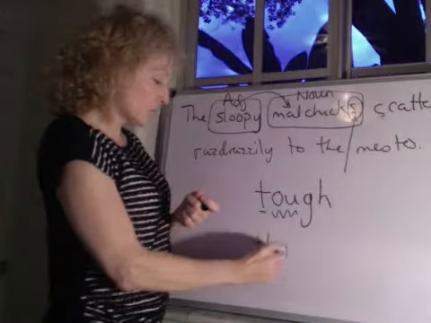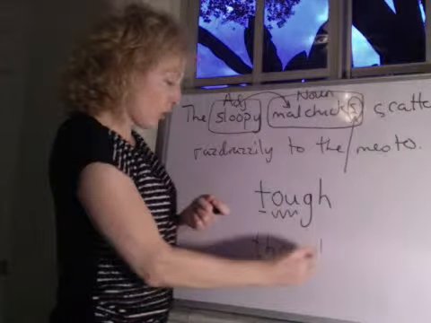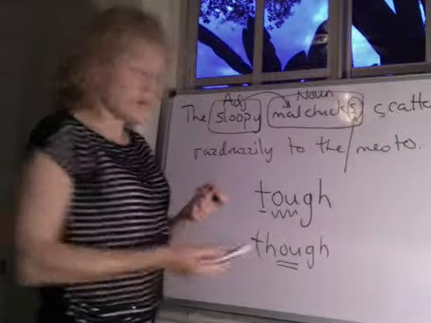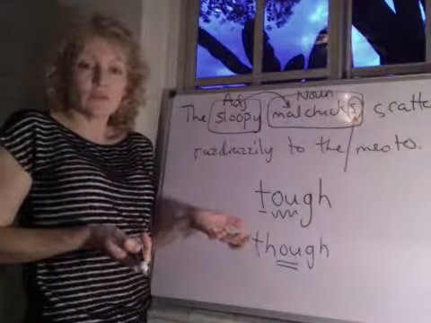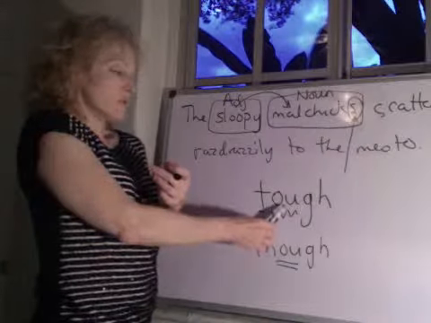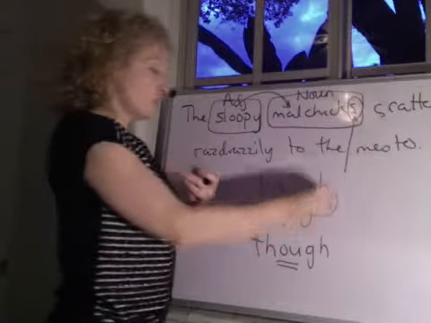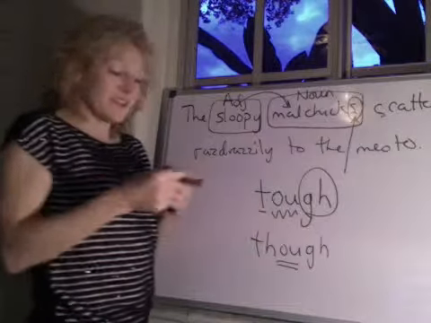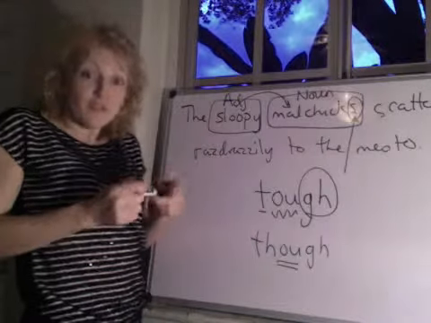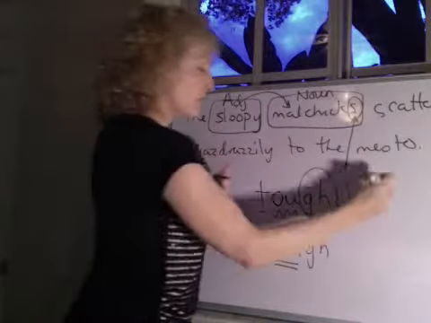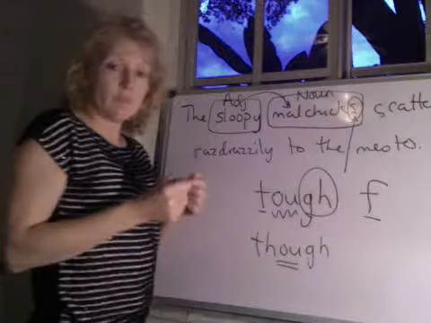So if we change the word to "though," now we have OU and it's pronounced in a different way, O versus here. GH. Why does GH sound like that, because usually it is written this way.